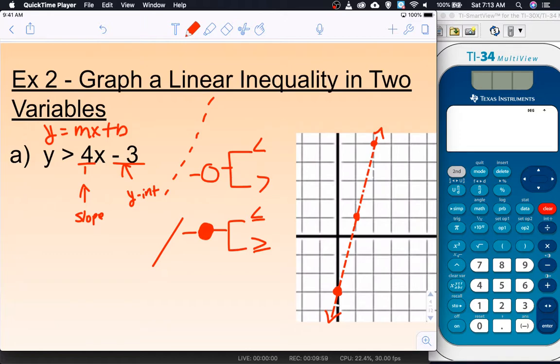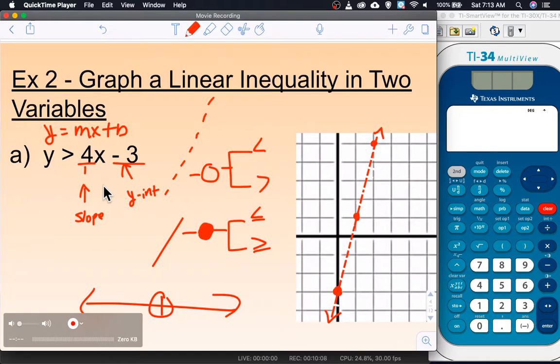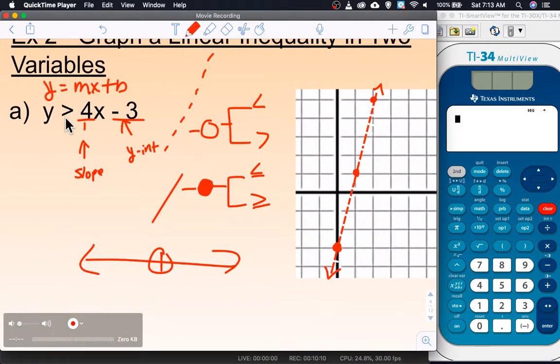Now before, when we had a number line, we did our dot. In this case, we would have a hollow dot, and then normally there would be a shade. We'd shade either to the left or to the right, based off this symbol. If it was a greater than, we shaded to the right. If it was a less than, we shaded to the left. Well, this is kind of a big open area. It's not necessarily a right and left.